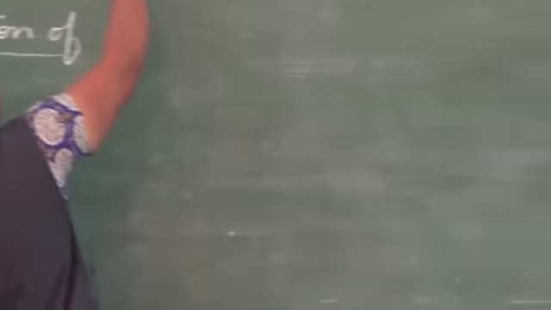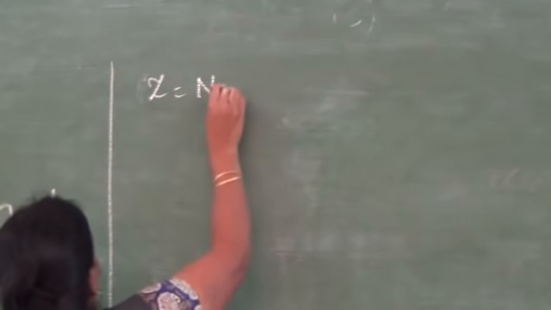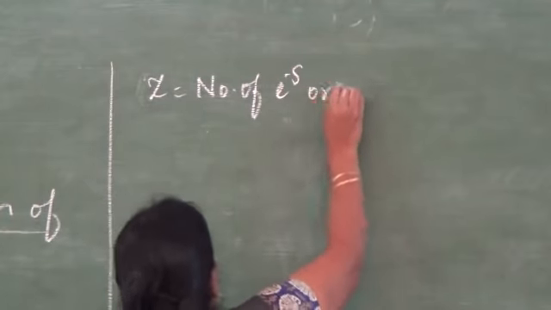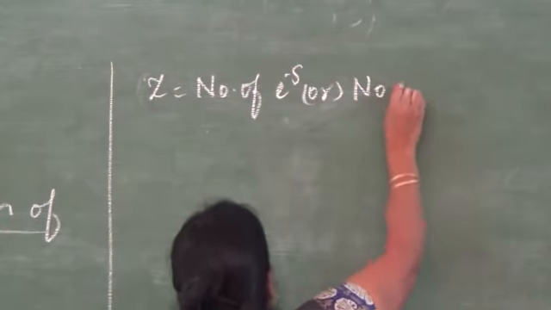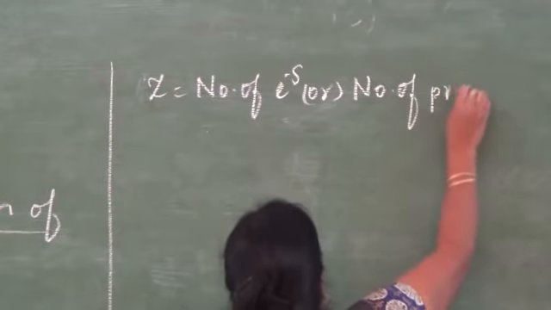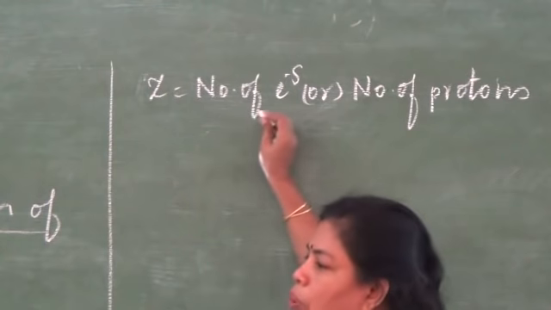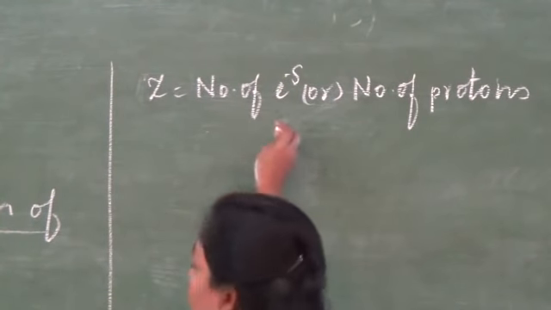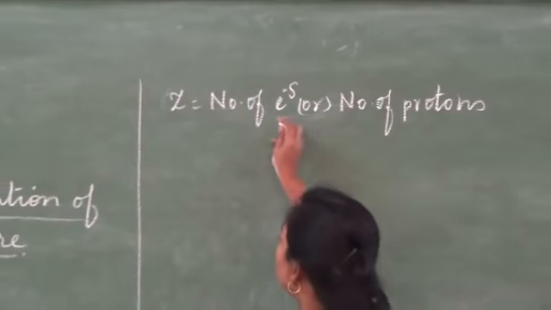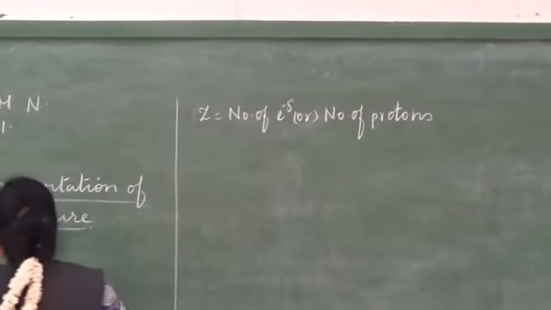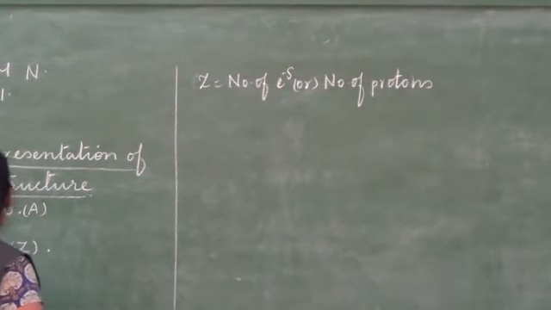We know that the atomic number Z is the number of electrons or number of protons, because both are equal in number. For an electrically neutral atom, the number of electrons and number of protons are the same.